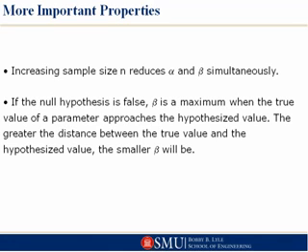If your null hypothesis is the mean income is equal to $50,000, and the true mean is actually $100,000, then the probability of accepting that it's $50,000 is not that much, right?